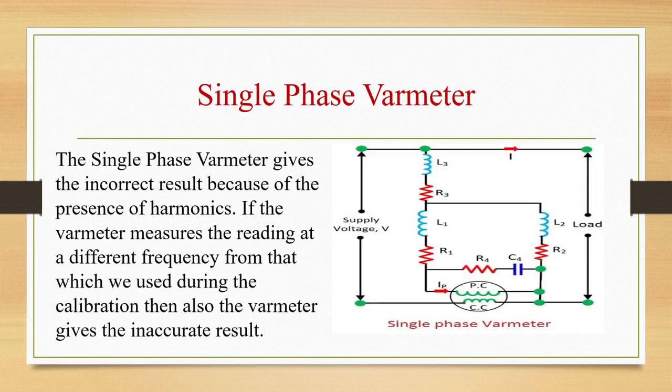The single phase VAR meter gives an incorrect result because of the presence of harmonics. So this is a single phase VAR meter. This is the pressure coil, the current coil. These are the resistances R1, R2, R3, R4, inductances L1, L2, L3, and capacitance C4.